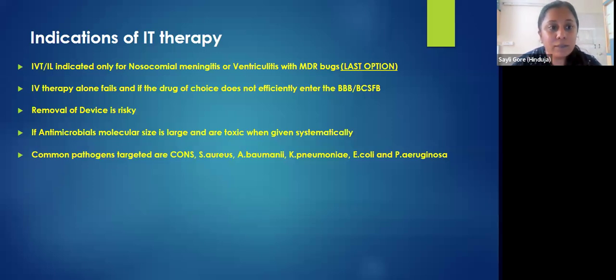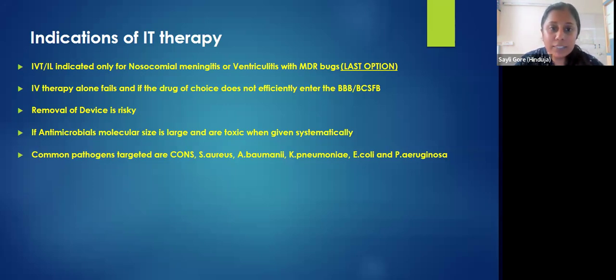If you give the antimicrobials by the intraventricular route, the concentrations are achieved very easily, and they bypass the systemic circulation. So when the removal of these devices is risky or not advisable, then these therapies are indicated.